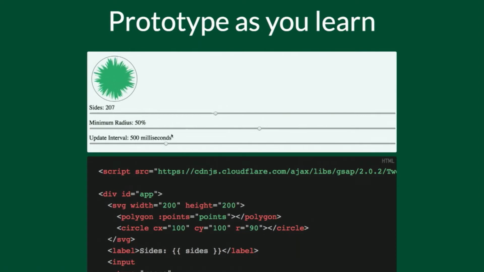And sometimes this allows you to not only learn more about what this element actually does, this polygon element, but also get some ideas for data visualization that otherwise might never come to you.